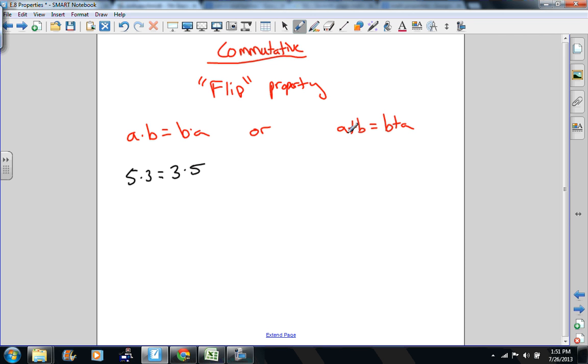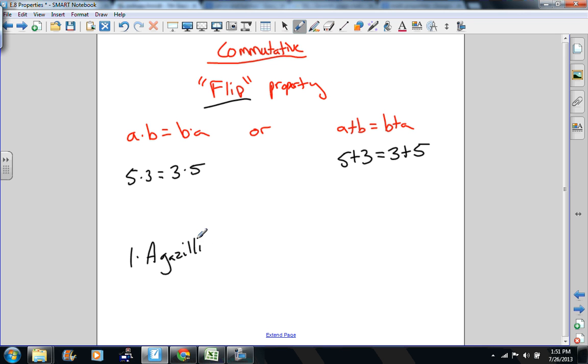For the addition one, A plus B is equal to B plus A. That means the same thing. 5 plus 3 is equal to 3 plus 5. That's what the commutative property means, okay? So keep that in your mind. Flip property. It's okay to flip. Now, these could be any number. You could do 1 times a gazillion.